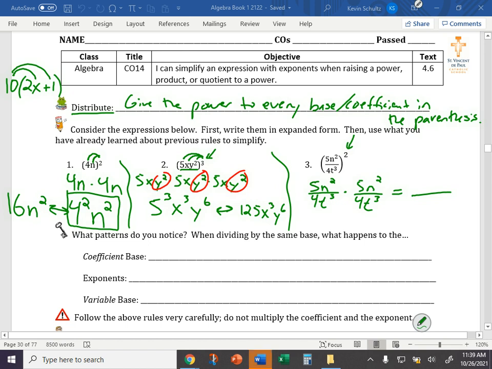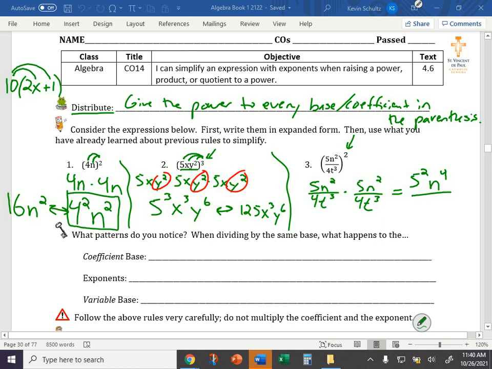Multiply straight across. Okay. How many 5s do we have being multiplied together there? John? 2. So 5 squared. How many n's do we have being multiplied together? Anybody? 4, right? 2 here, 2 here. N squared times n squared is n to the 4th.